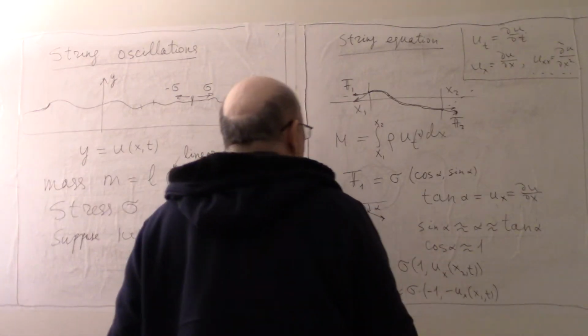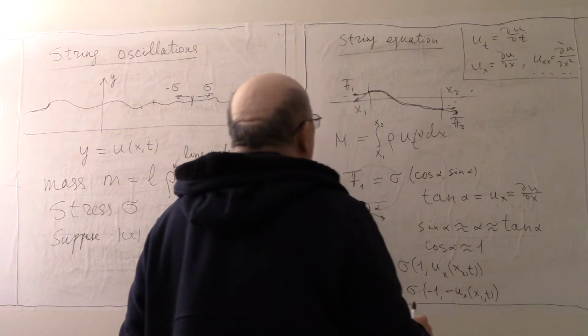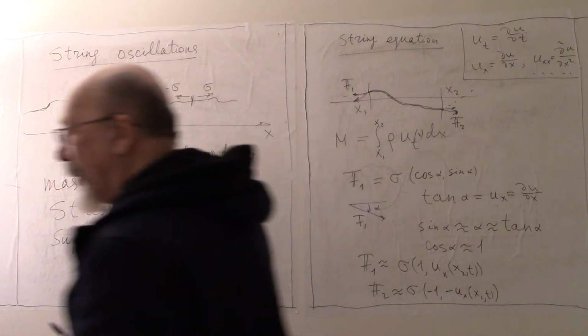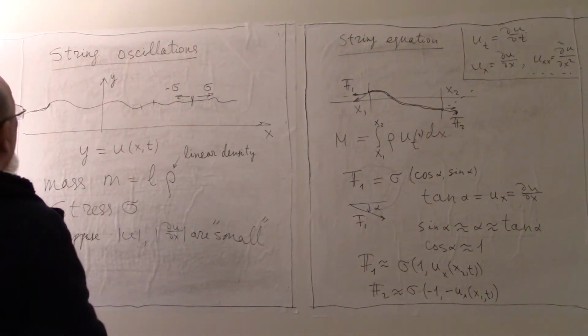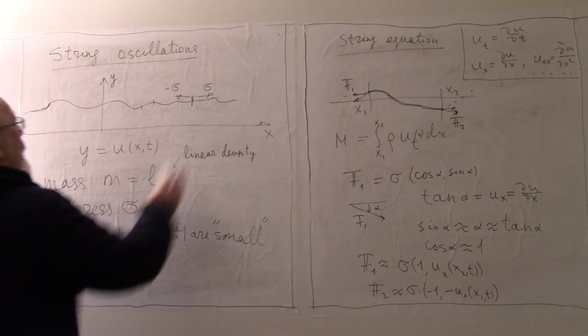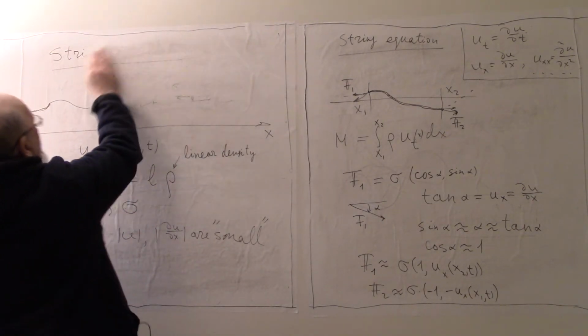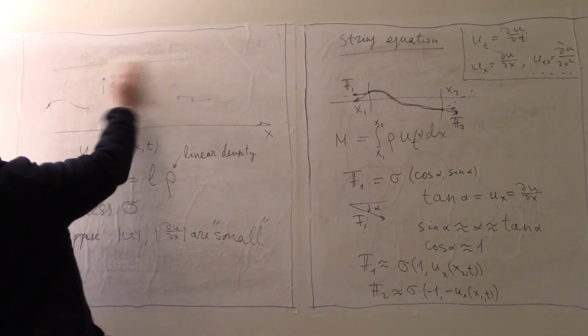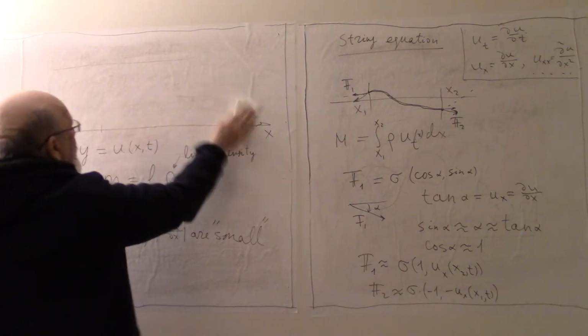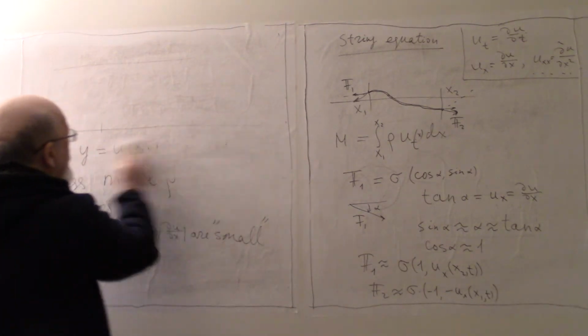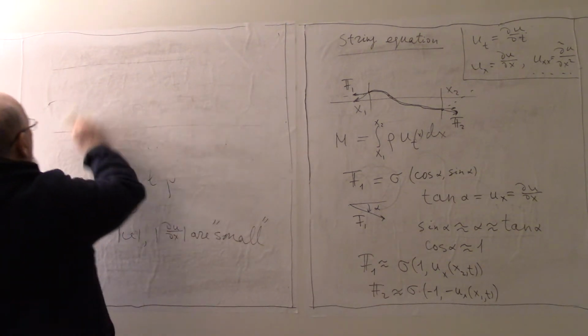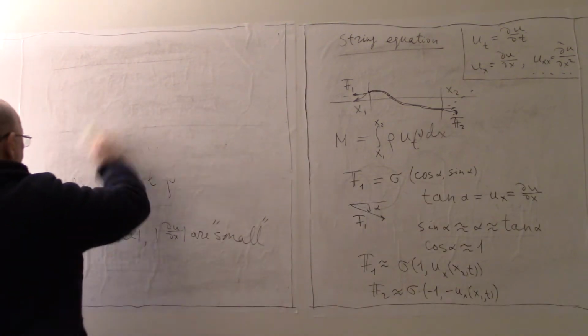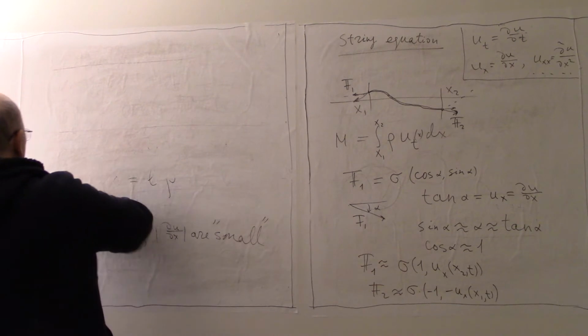So these are the two vectors, and so we can write the second Newton's law in the following form.